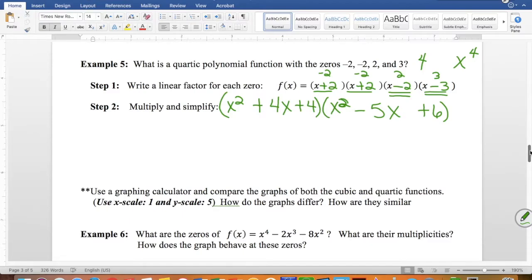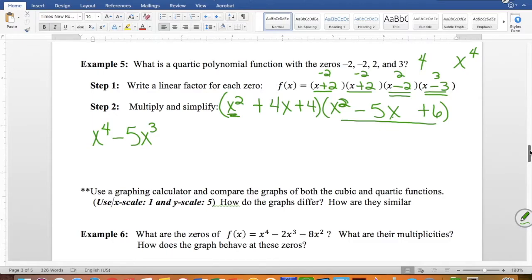So I'm going to do my first term, multiply it by everything in here, and then my second term by everything in this second parentheses, and then my third term. So we're going to do this really slowly. X squared times x squared is x to the 4th. X squared times -5x is -5x cubed. 2x's here and 1x over here.